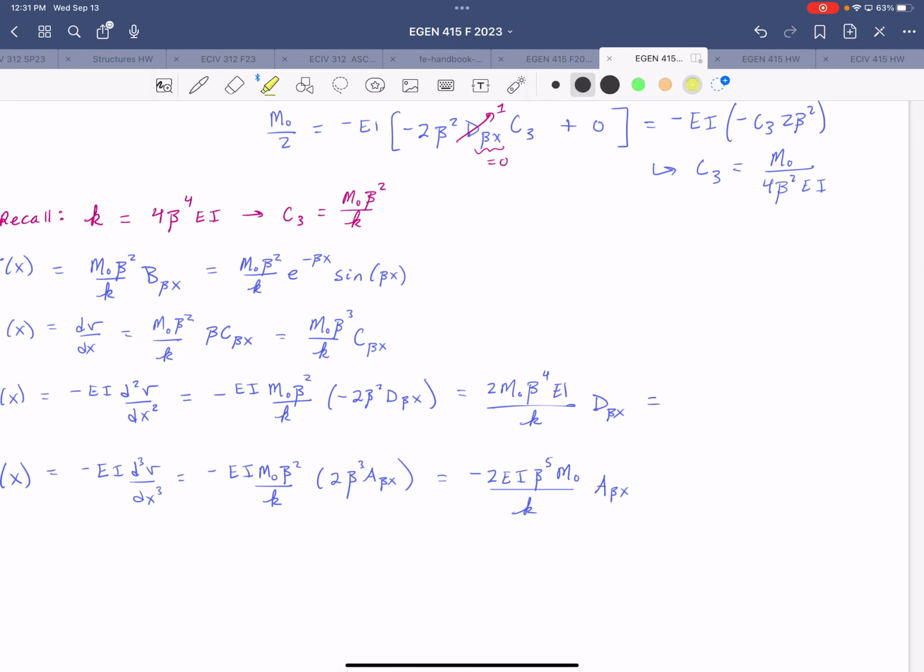So we've got beta to the fourth EI term here, and that is equal to k over 4. So we can simplify this to M naught over 2 times D beta x. And similarly, we can simplify the shear expression as negative M naught times beta over 2 times A beta x.